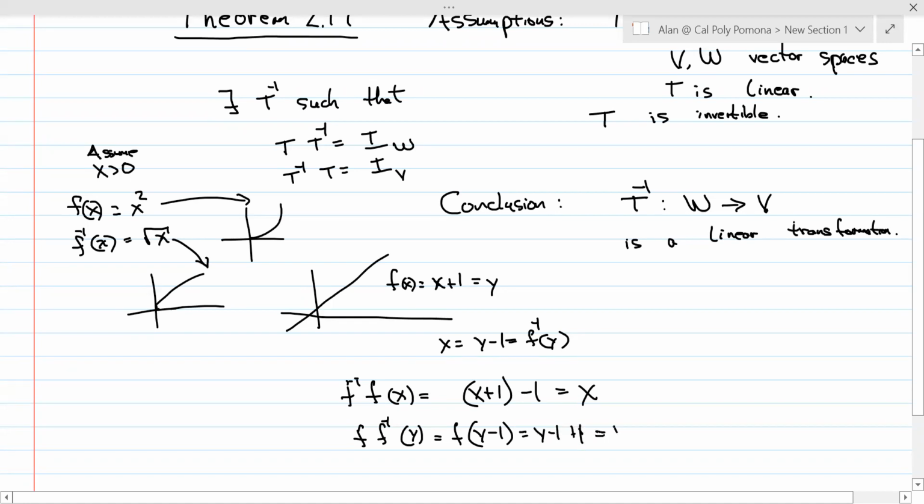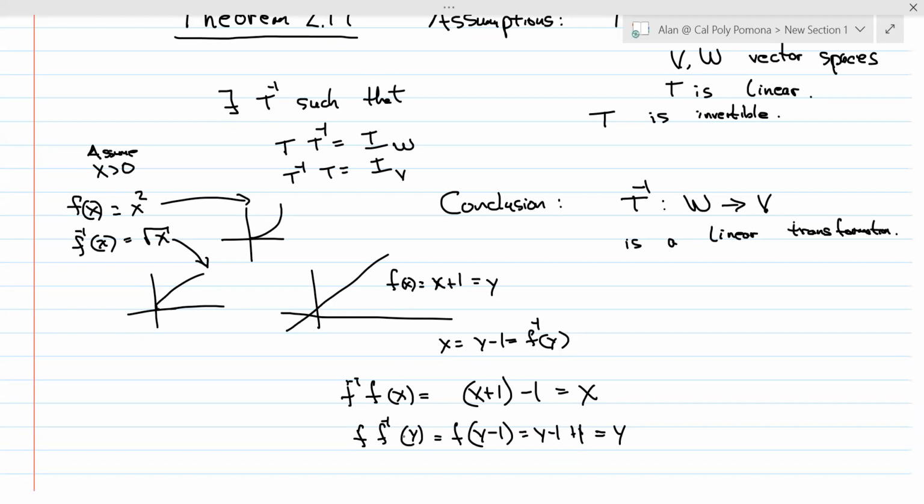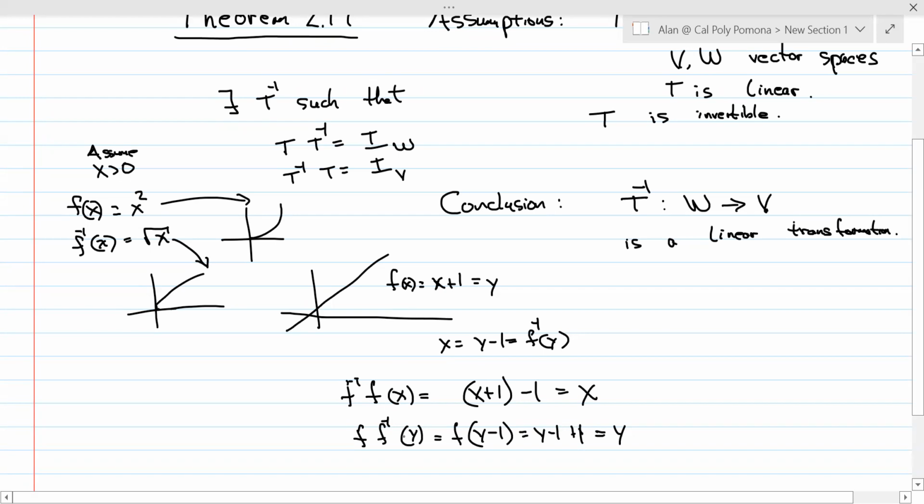The ones cancel and you get y. So this is an illustration of how we would verify this result if we were just in calculus and the functions are linear. And we're just noticing that if you solve for x as a function of y, it turns out to be linear here.